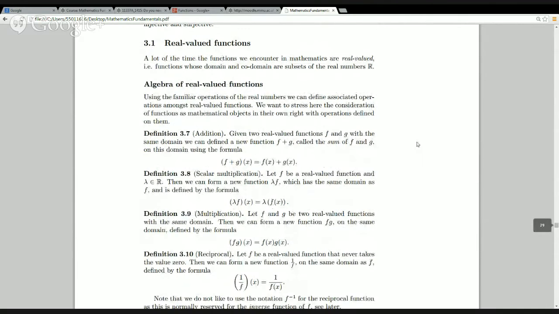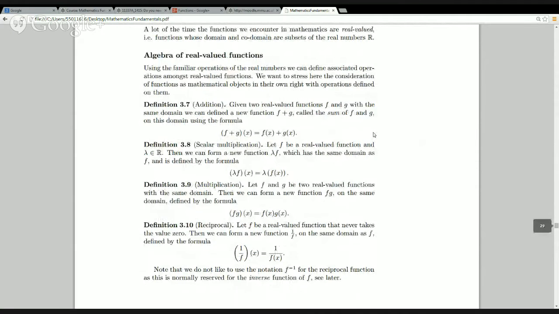Now, when you're studying real-valued functions, there are a number of operations you can do on the functions themselves, and these ultimately come from the arithmetic operations you can do on the real numbers themselves. We've got these operations of addition, scalar multiplication, multiplication itself, and a division type process or reciprocal process.